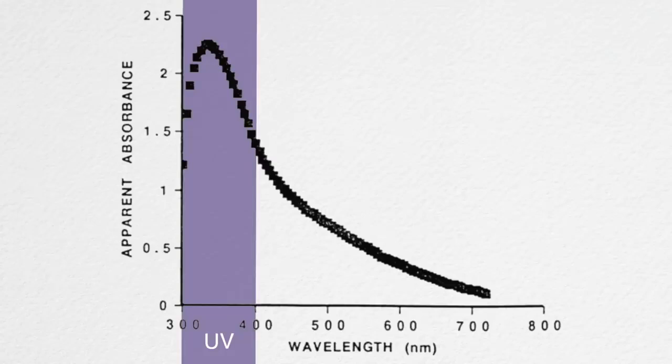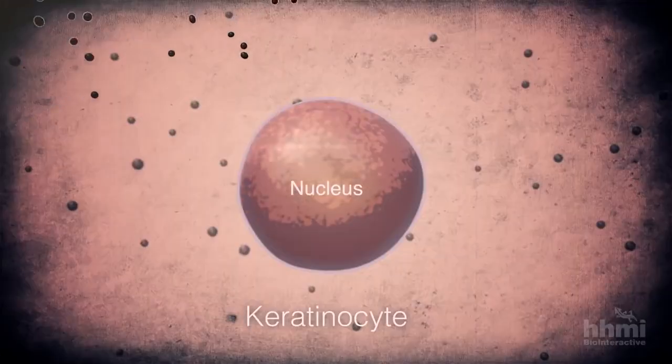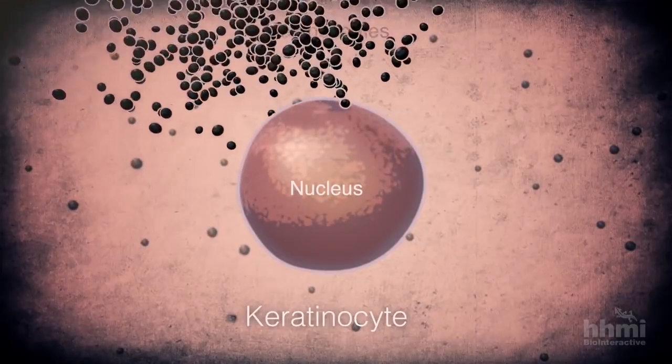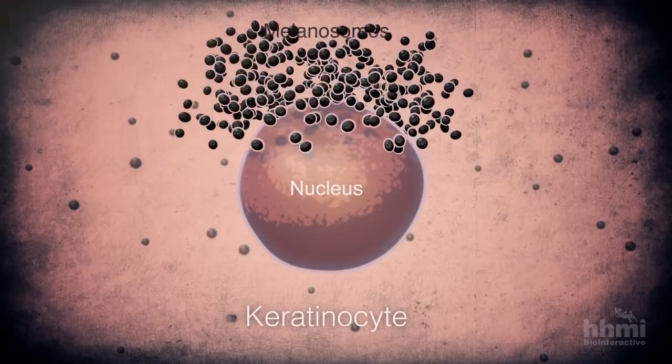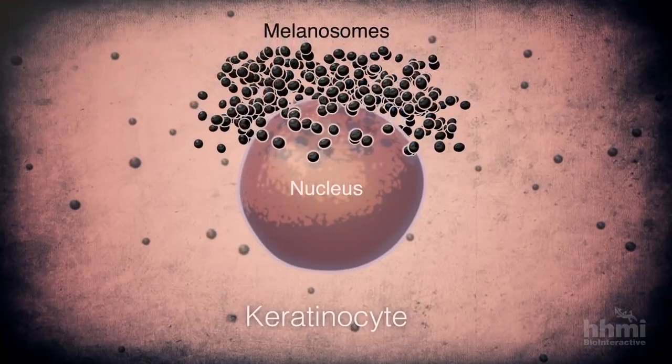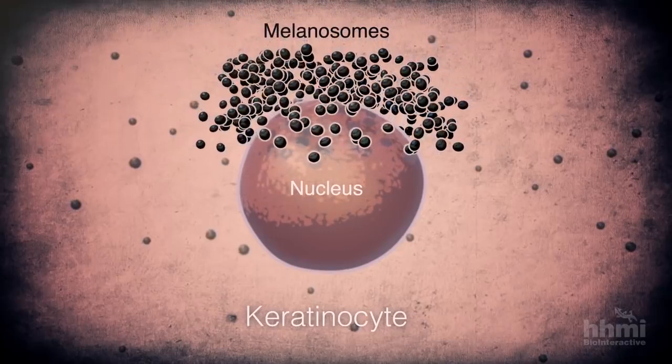Exactly. Melanin actually absorbs even better in the ultraviolet part of the spectrum. That's where its peak is. And so our skin looks darker in the ultraviolet camera than it does in the regular visible camera. Yeah. What I find so amazing is that these melanin molecules are transported inside the cell to the nucleus, forming this protective cap over the place where the DNA is stored.